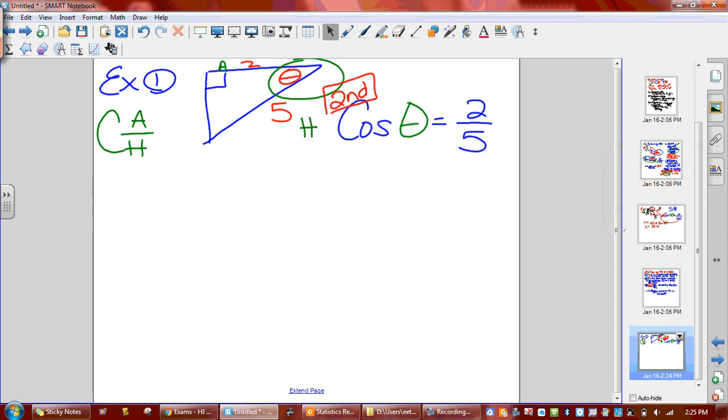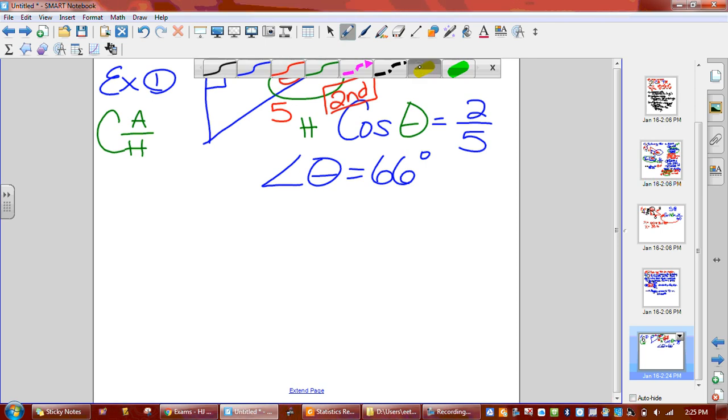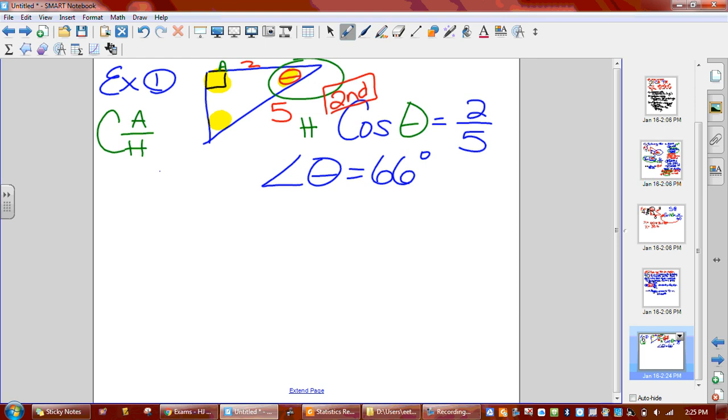Now, if they asked us to solve the whole triangle, we do know that triangles add up to 180 degrees. So that means this angle and this angle have to add to 90, because 90 in the corner plus the other two have to equal 180 for the triangle. So if I were to ask to now find the other missing angle, let's call him sigma, well, I would take 180 and I would minus the 90, and I'd now minus the 66.